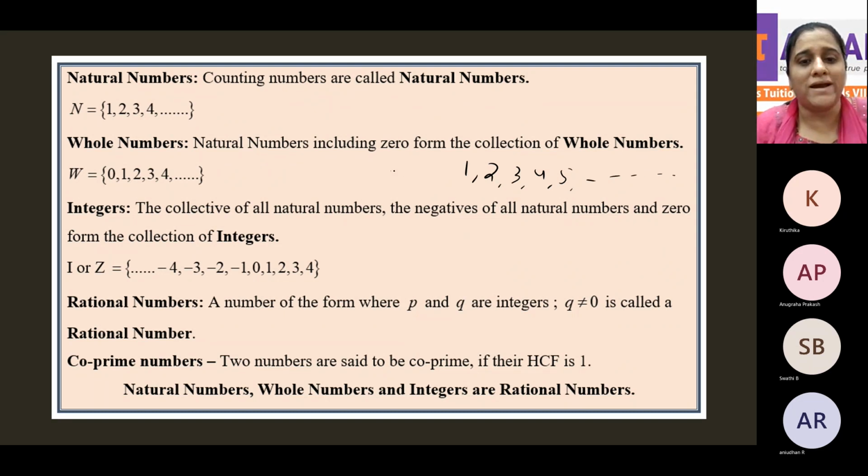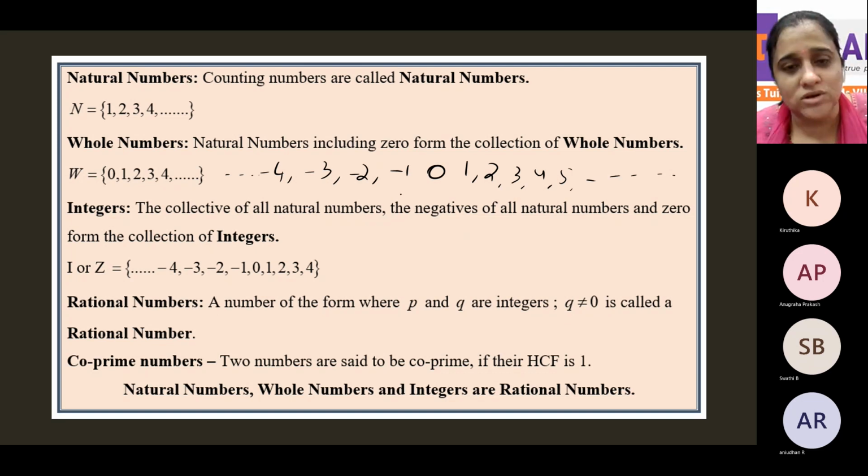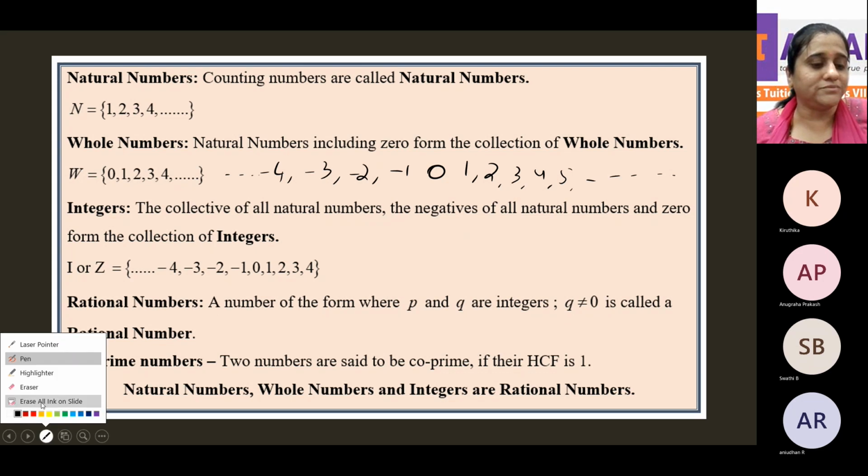Their negatives, meaning -1, -2, -3, -4, and so on. Including 0. The collection of all natural numbers, the negatives of all the natural numbers, along with 0, form the collection of integers. It may be very simple, but we may go wrong. When I ask you some questions, you will see yourself that even the easiest of things we can go wrong.